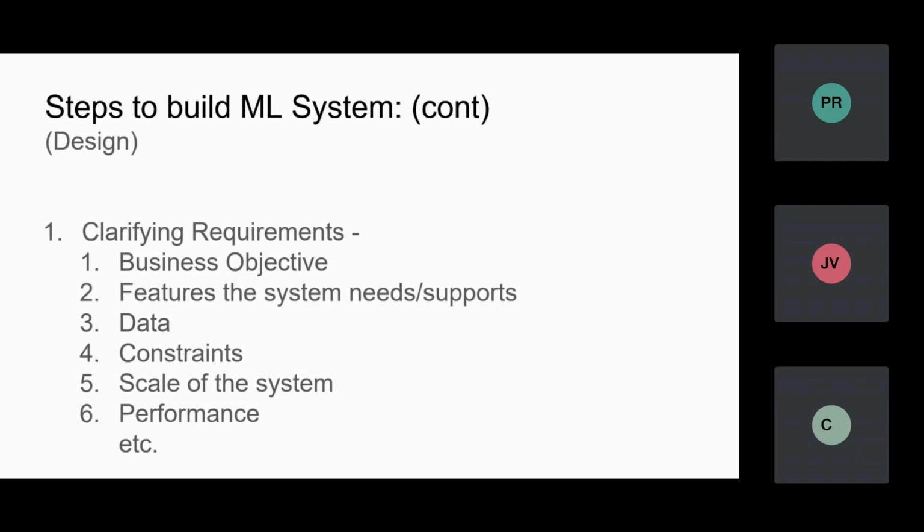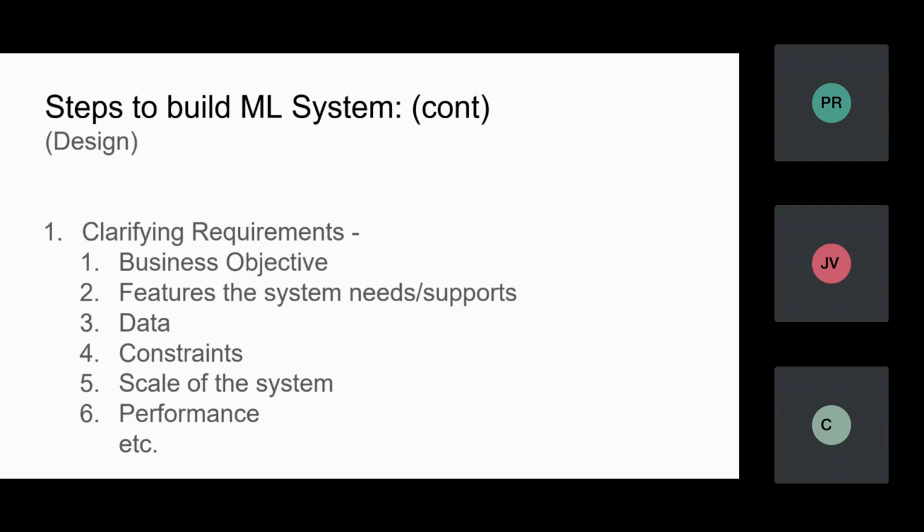Scale of the system means the scalability of the system with time. As the model works, different kinds of data change with time and more data comes, and with that the system should be able to scale well with time and should be properly maintained and optimized for performance.